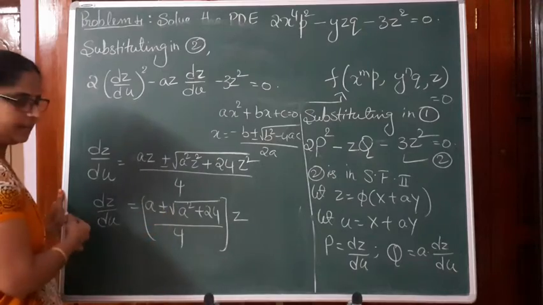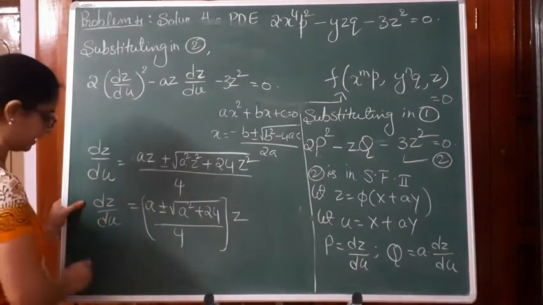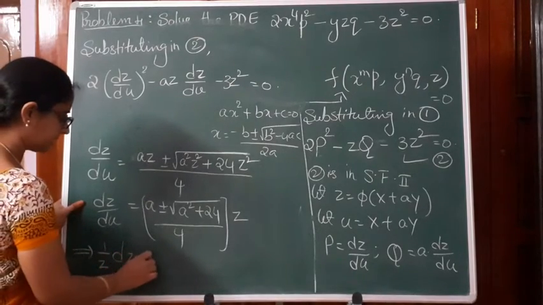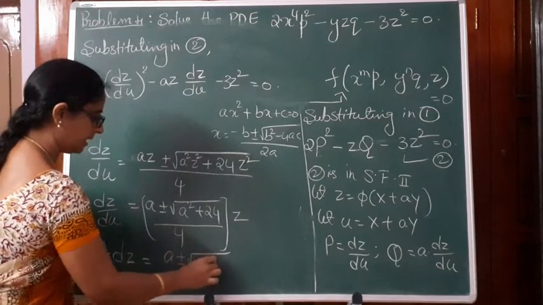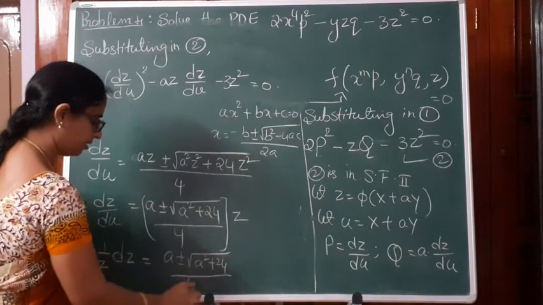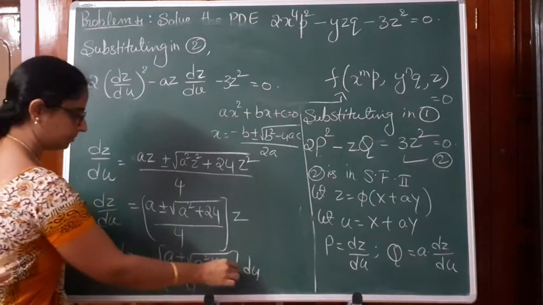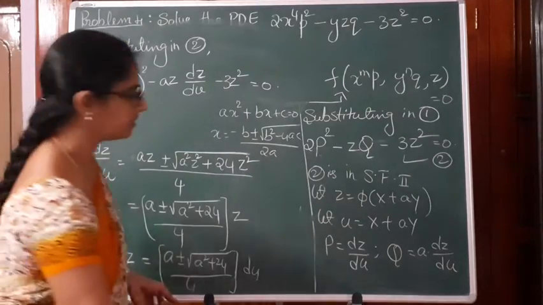Now separate the variables. Bring z towards the left hand side and du towards the right hand side. So separating the variables, what do we get? 1 by z dz is equal to a plus or minus root over a square plus 24 by 4 du. This is all a constant term because a is constant here. Now integrate both sides.